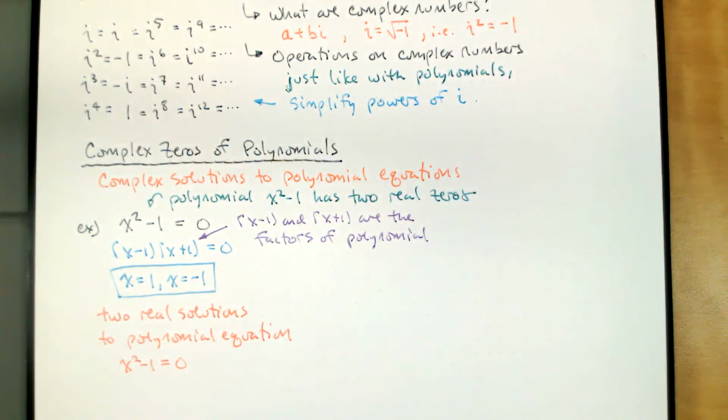Each of the factors of the polynomial corresponds to one of the real solutions of the polynomial equation, corresponds to one of the real zeros of the polynomial. Just naming a part. Factors of a polynomial, zeros of a polynomial, solutions to a polynomial equation.